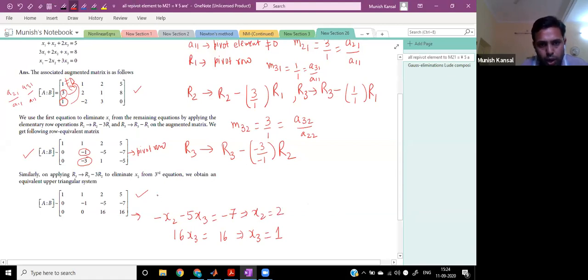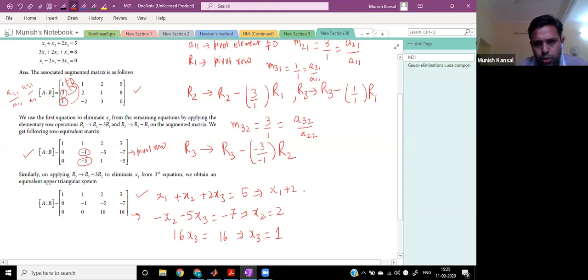Now what will the first equation be? 1 times x1 plus 1 times x2 plus 2 times x3 is equal to the right hand side, 5. So this gives me x1 plus 2 plus 2 is equal to 5. So x1 is equal to 5 minus 4, that is 1.